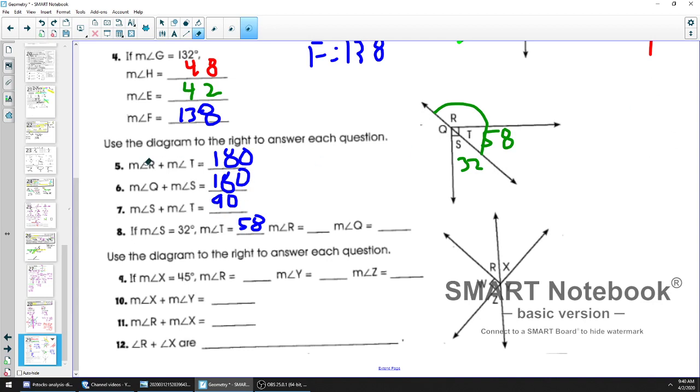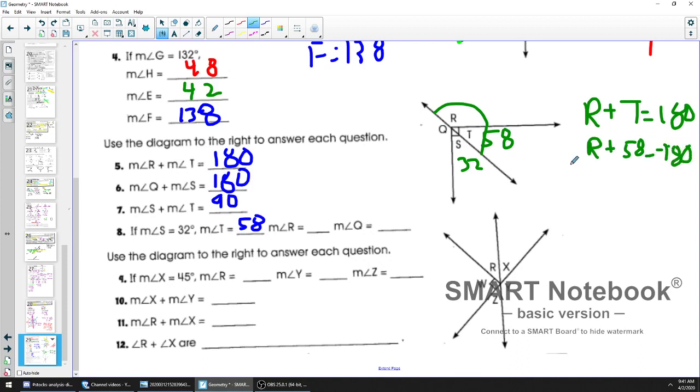And if you look at the equations on the left, you'll see that R plus T equals 180. And what do we know about T? What's the degrees for T? If you said 58, you were correct, because that's what we just solved. Bring this to the other side, and you would get 122. It's right here, 122.